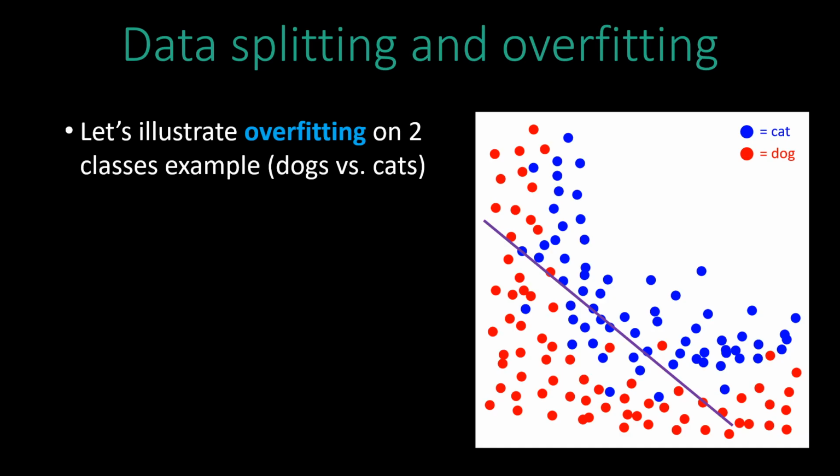Okay, this is an illustration or an explanation of overfitting and the reason why we should split our data. Let's imagine we have a data set of two classes. One of the classes is dogs and one of the classes is cats, and we have just a bunch of these points.